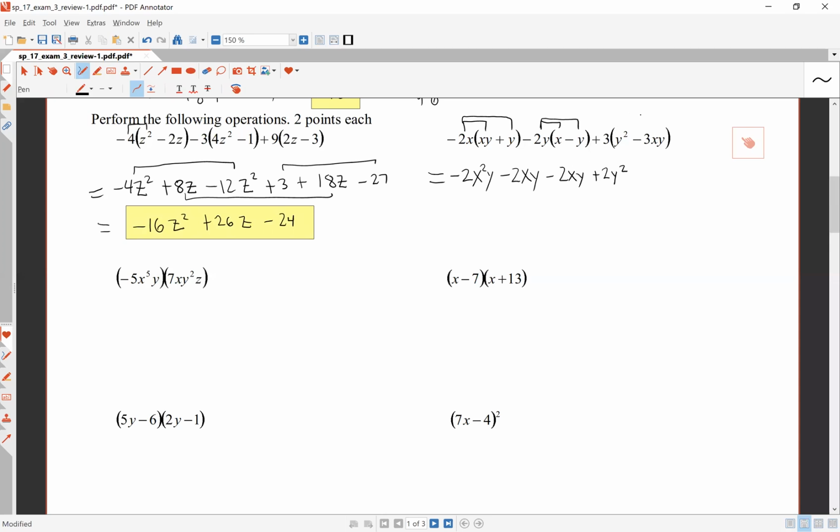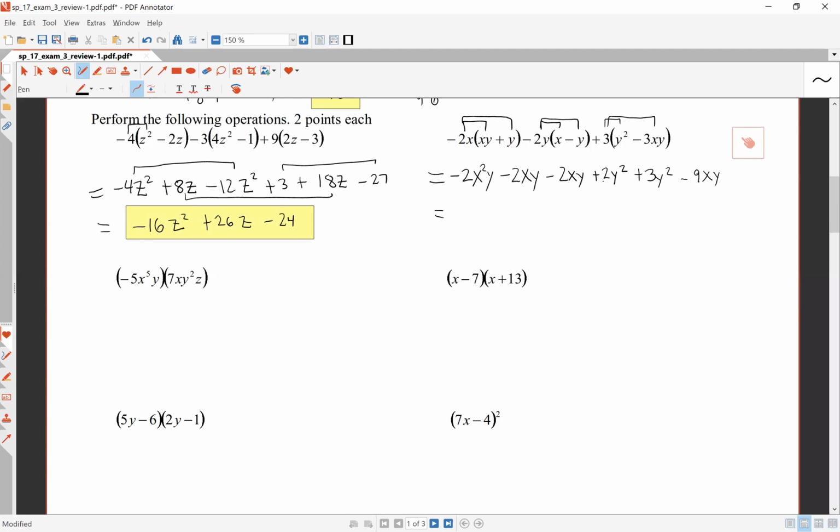Three times y squared minus 3xy. 3 times y squared is 3y squared, and 3 times -3xy is -9xy. Now we look for our like terms. -2x squared y.